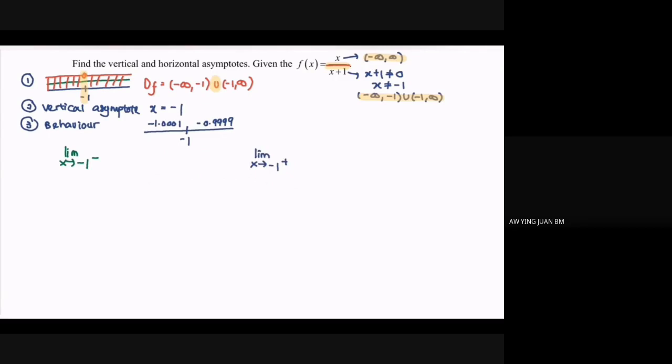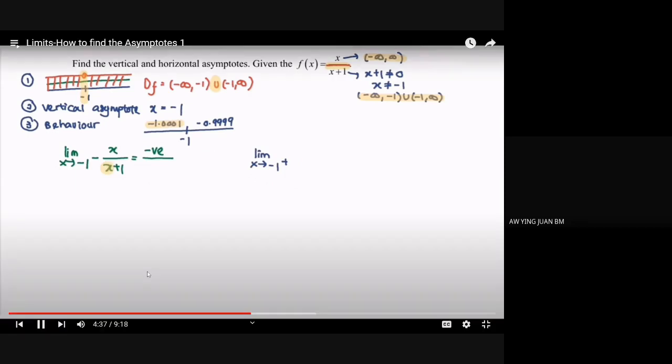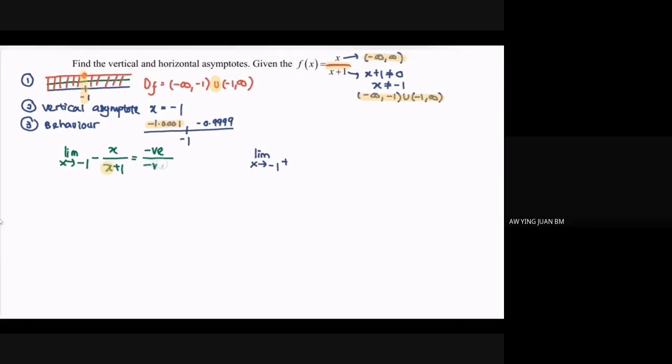So kindly substitute into the function. We have x over x plus 1, so if we substitute the value negative 1.0001, for the numerator we will have a negative value over, if we substitute the value into this part, negative 1.0001 plus 1, we will obtain another negative value.